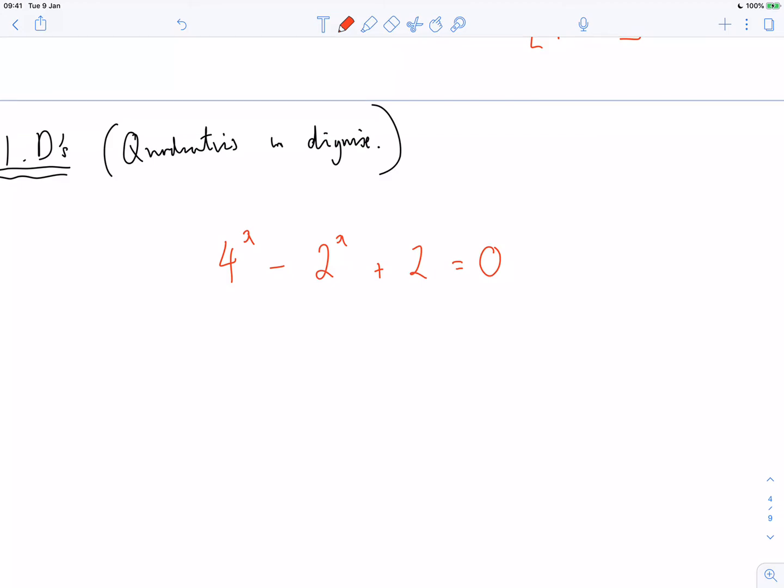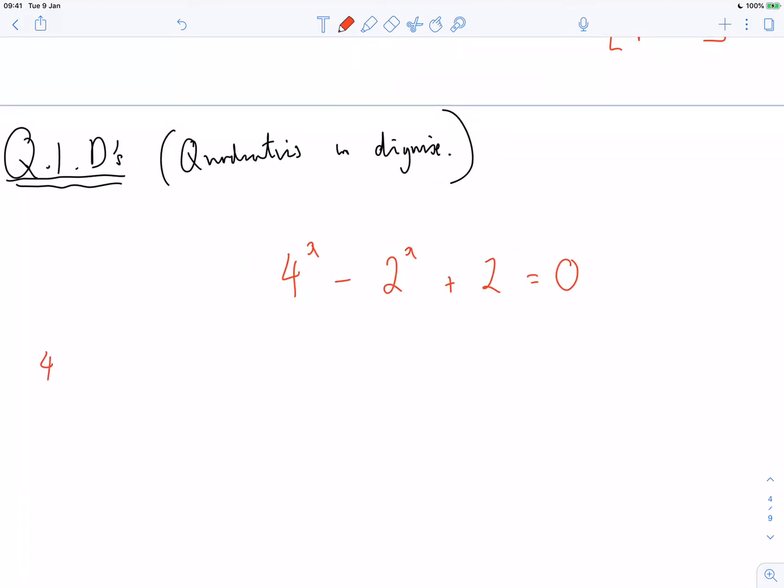And the trick to this is to realise that 4 to the x is the same as 2 squared to the x, and that's the same as 2 to the x all squared. And now, if you let a equal 2 to the x, so a squared is that, then the first term becomes a squared, the next term becomes minus a, and the plus 2 stays the same. Oh look, now we have a quadratic: a squared minus a plus 2.